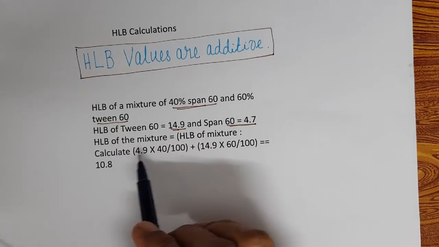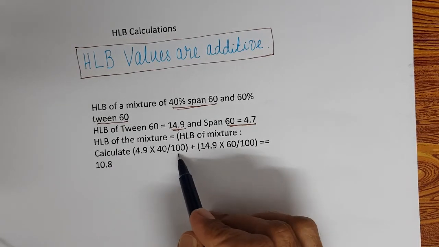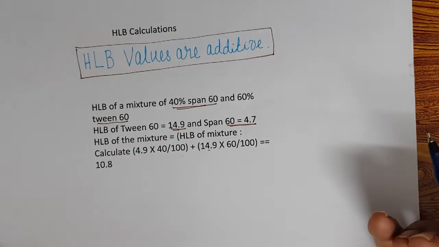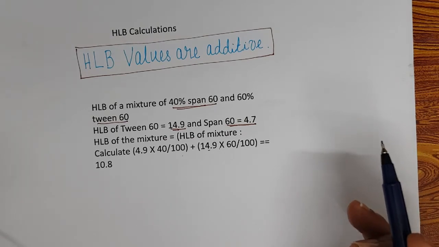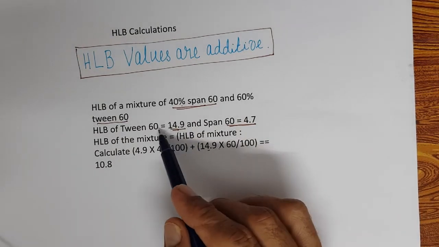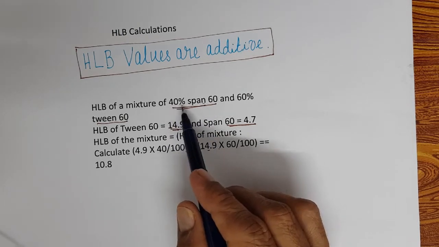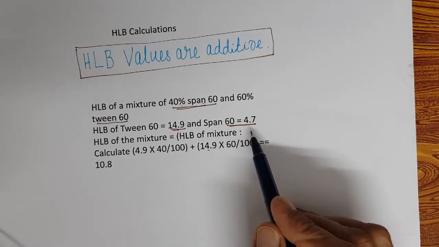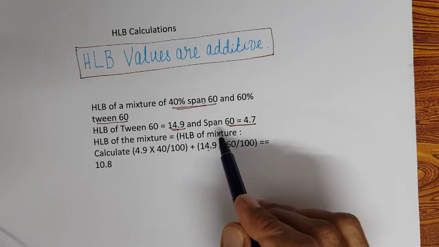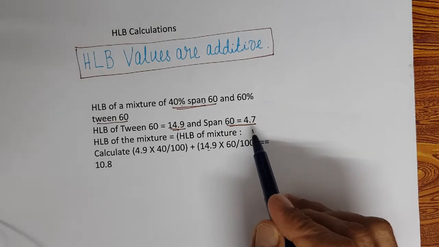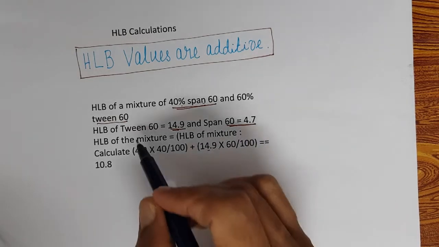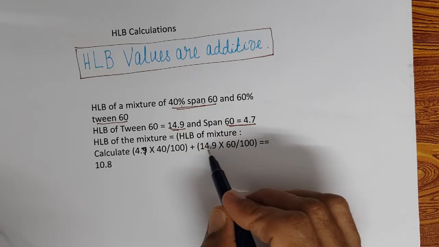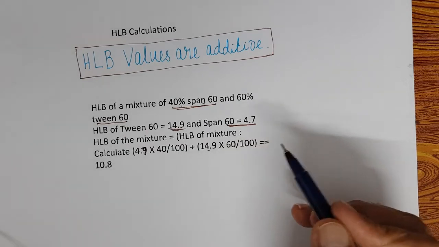So 4.7 into 40 by 100 plus 14.9 into 60 by 100, that is 10.8.